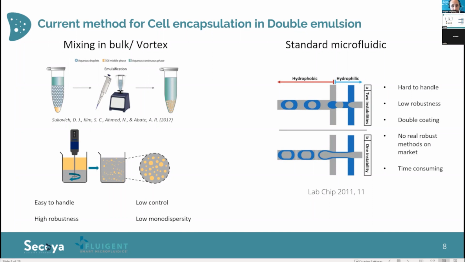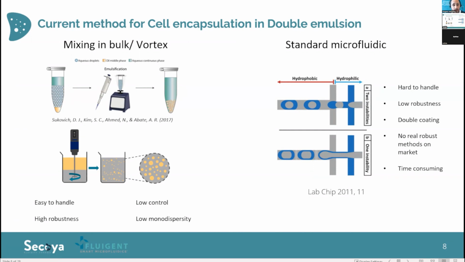One will be hydrophilic and the other hydrophobic, and that will allow you to generate water in oil in water double emulsion, or the opposite, for example. This technique is better in terms of monodispersity. When you manage to generate double emulsion, you have better monodispersity compared to the bulk or batch method.